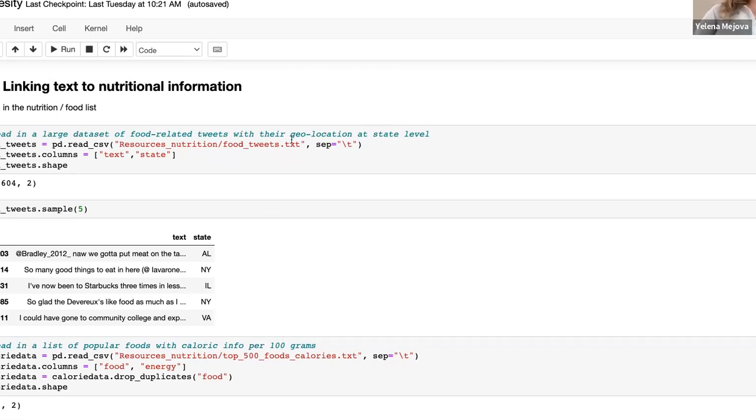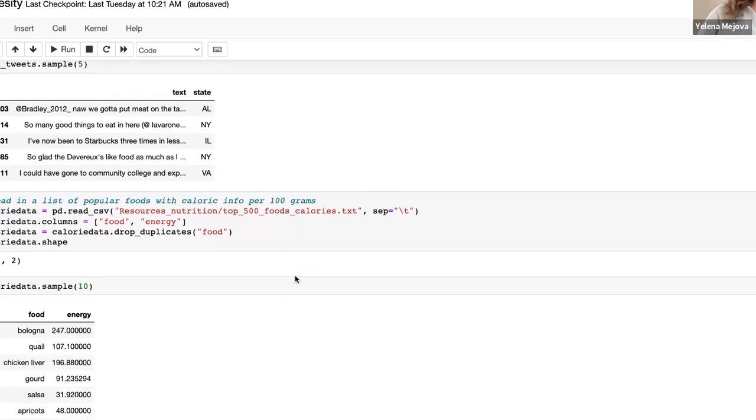So this file is actually a sample of tweets where we were looking for foods. We already had some dictionaries that covered not only foods, but also dinner, breakfast, and other food-related things. So we have some of these tweets.